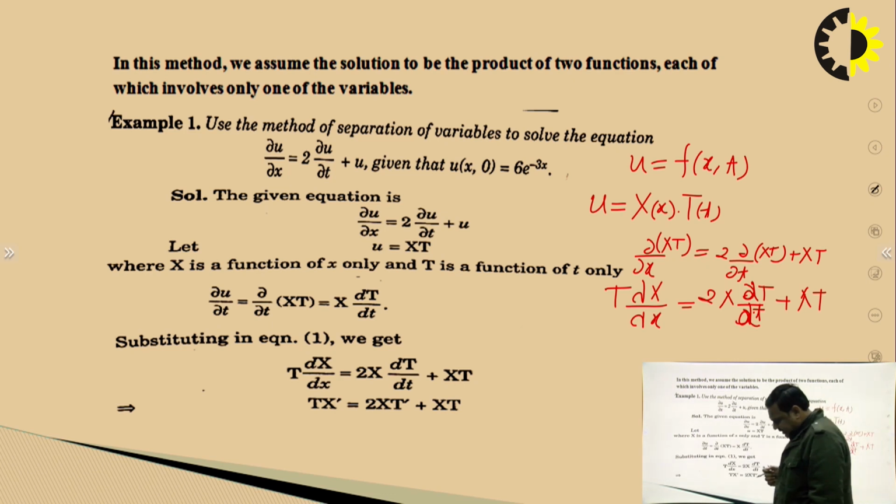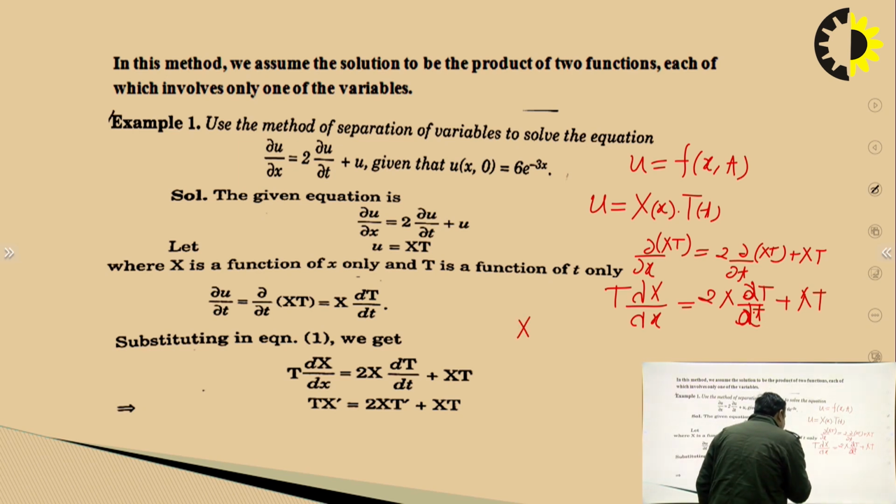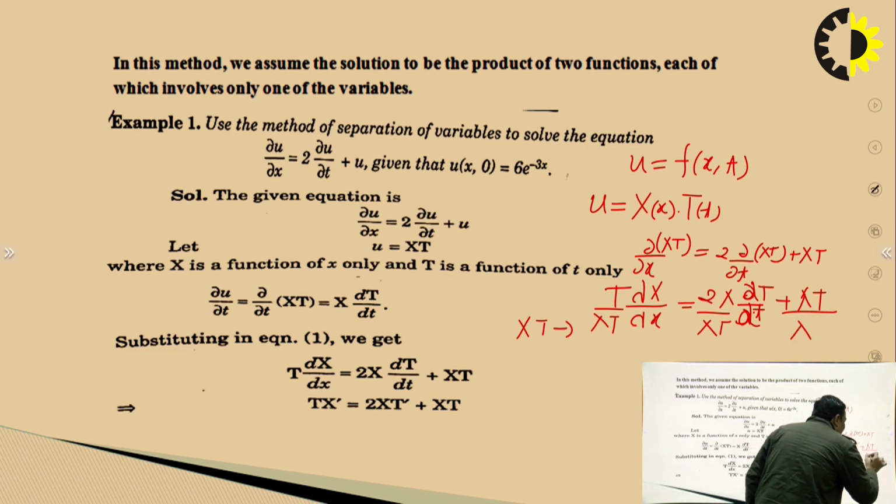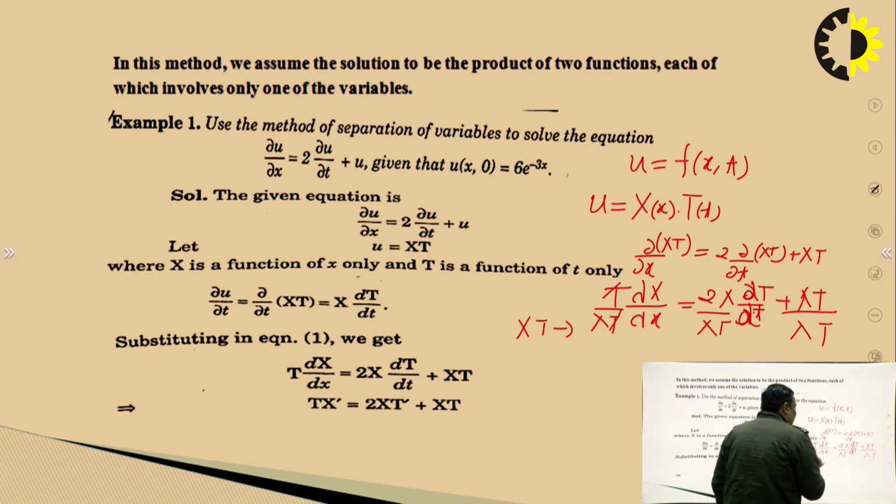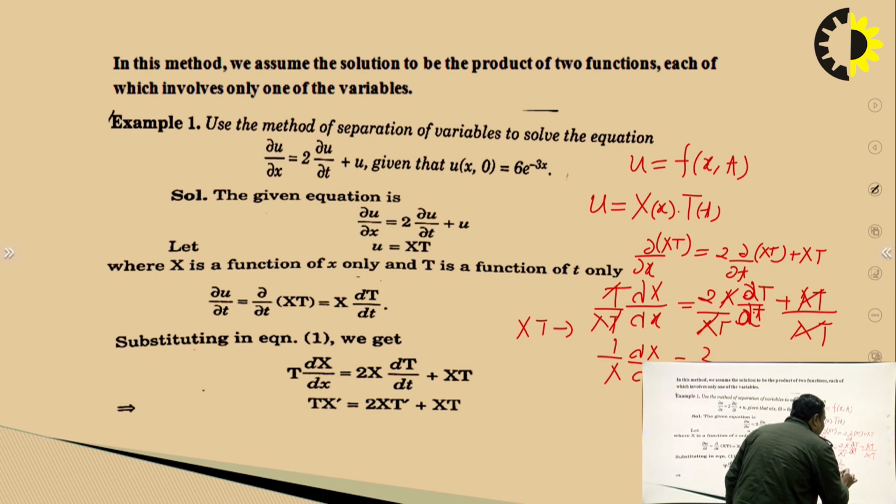For separating the variables, where capital X is a function of x and capital T is a function of t, divide the whole equation by XT. So we get 1 upon X dX upon dx equals 2 upon T dT upon dt plus 1.